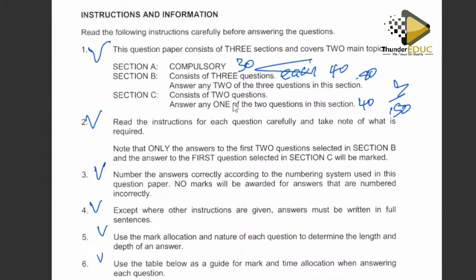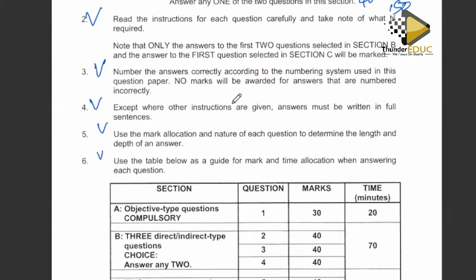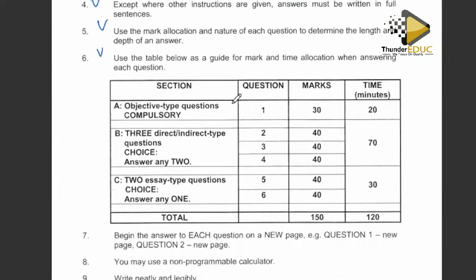Okay, right. So now let's check instruction number 6. It says that for section A, you are expected to spend 20 minutes to answer questions that total 30 marks. In section B, you are expected to spend 70 minutes to answer 80 marks questions.